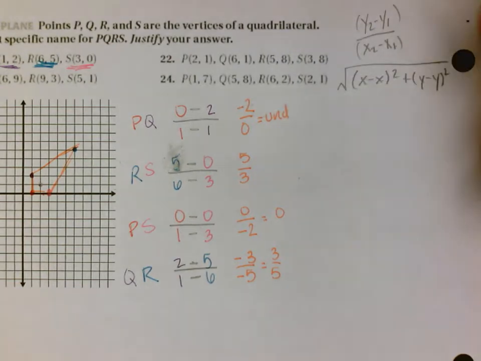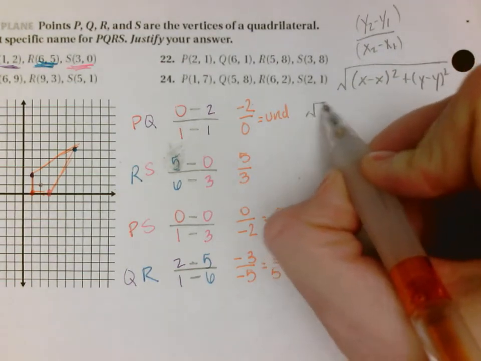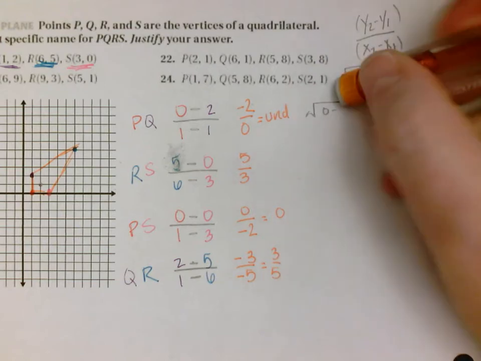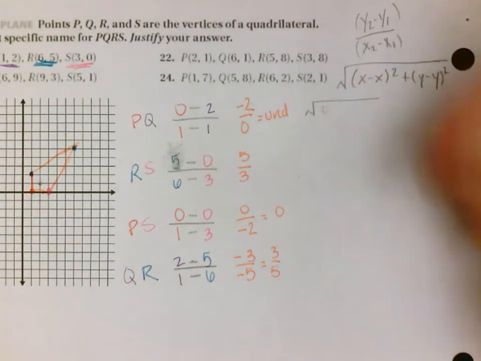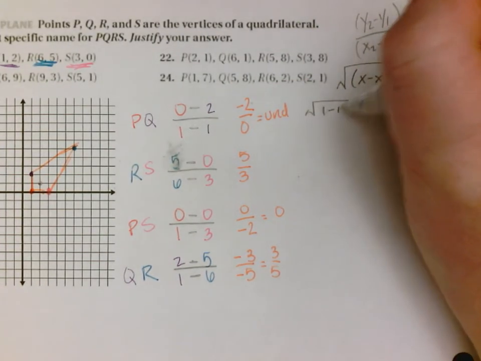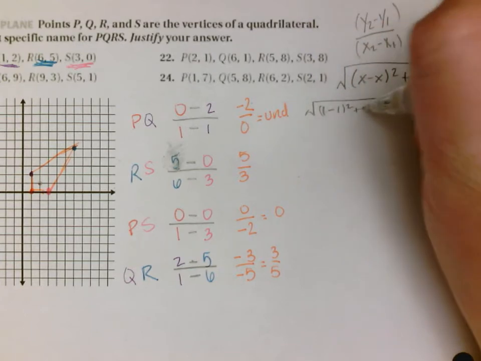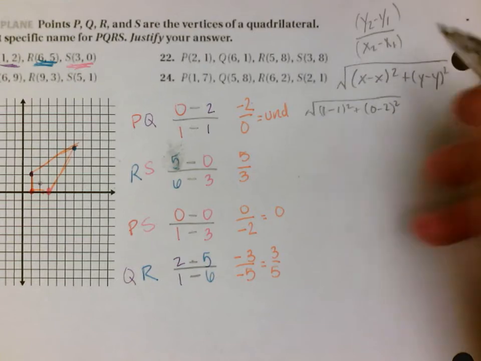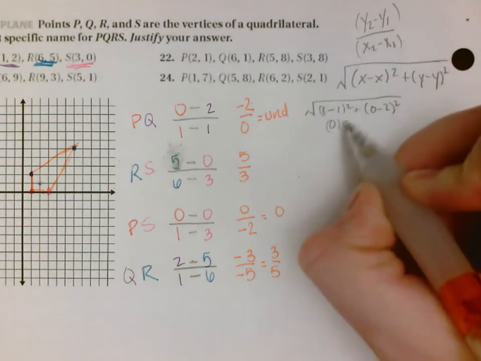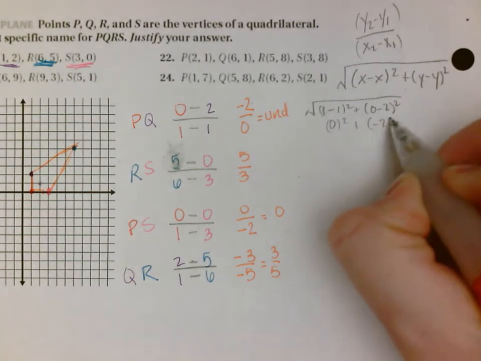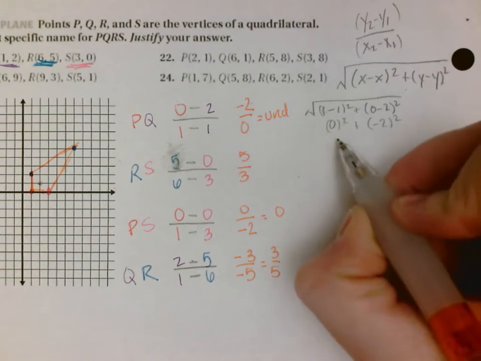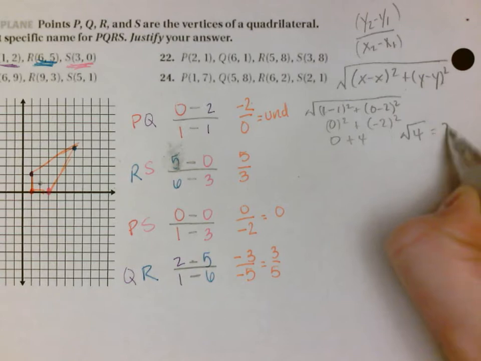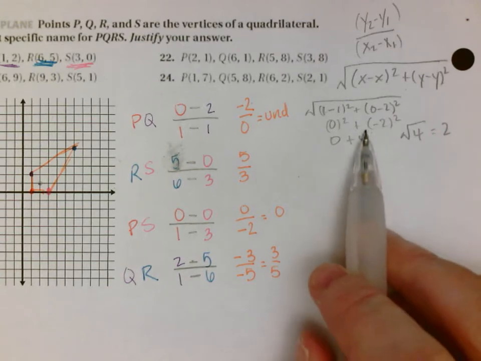So instead of rewriting out the distance formula and starting with x's, 1 minus 1 quantity squared plus 0 minus 2 quantity squared, and getting 0 squared plus negative 2 squared, which gives me 0 plus 4, square root of 4 equals 2, I could have just started here at this line.